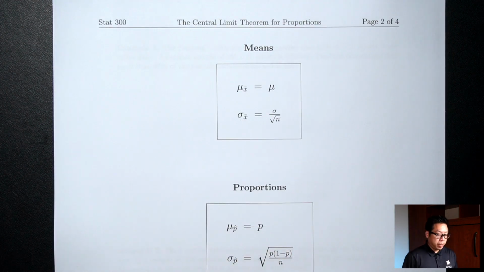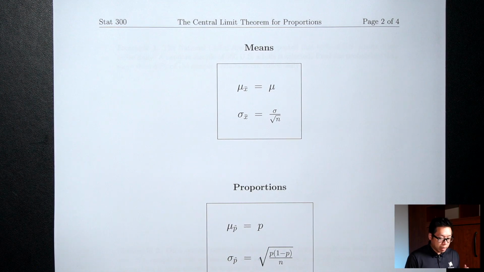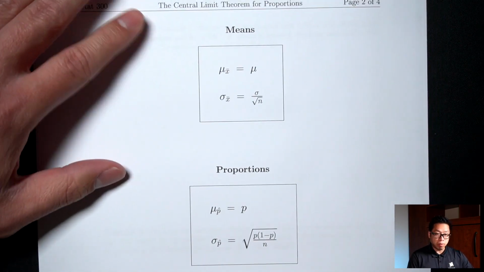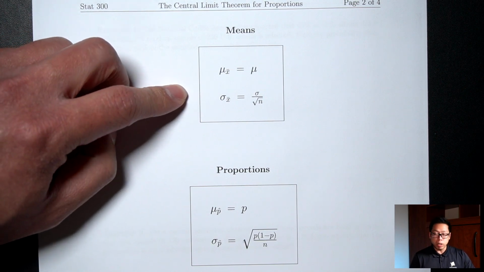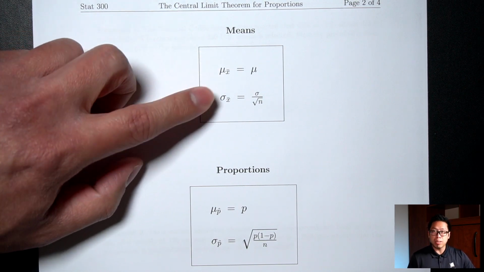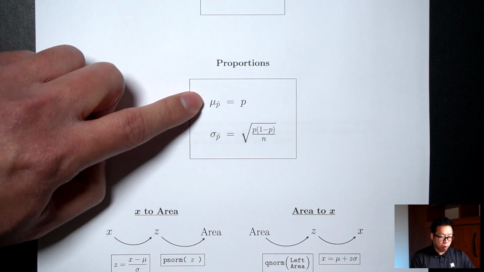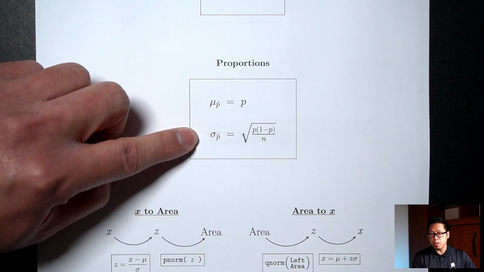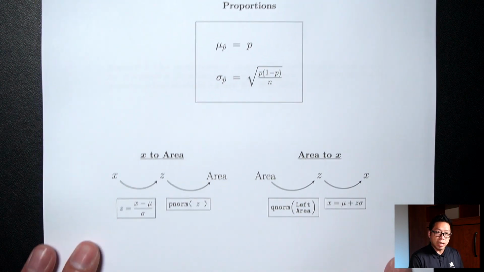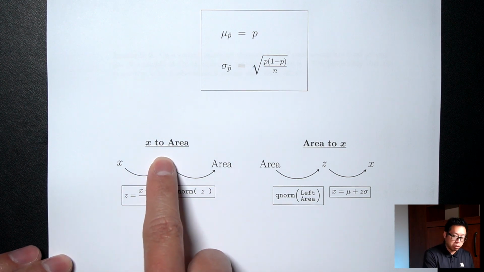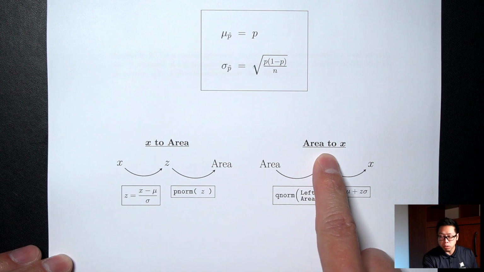The second page is just a formula sheet. So what I did was I recopied the two boxes from that front page here. So the first box is for the mean situation, what mean you should use and what standard deviation you should use. For the proportion situation, what mean should you use and what standard deviation you should use. And then at the bottom, these are the same diagrams that we've been using for the last two lectures that tell you your workflow for an X to area type question and for an area to X type question.